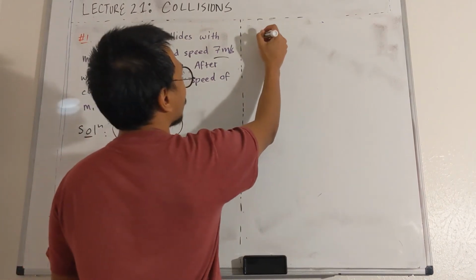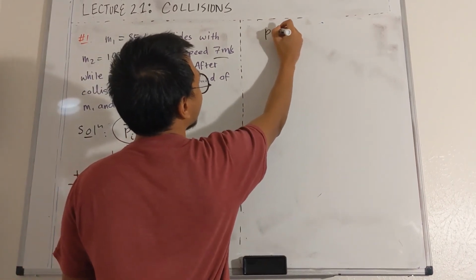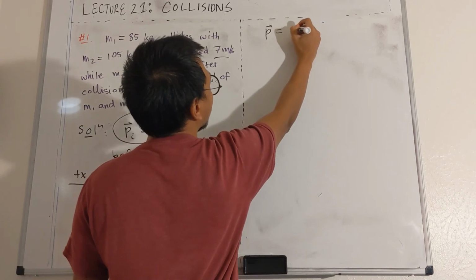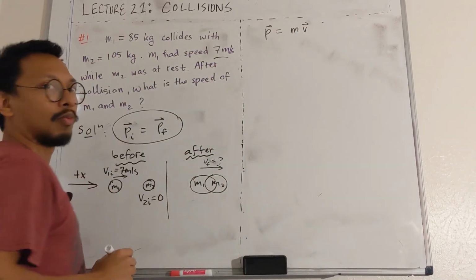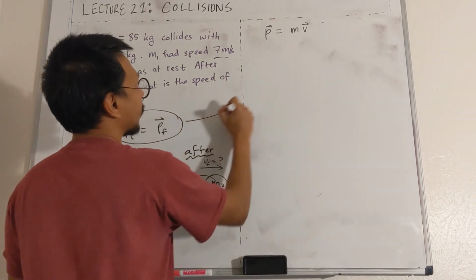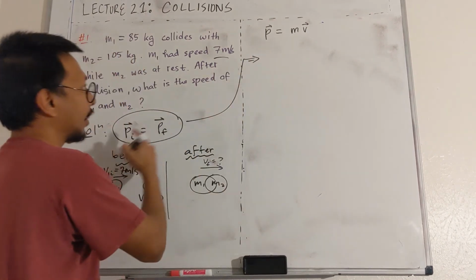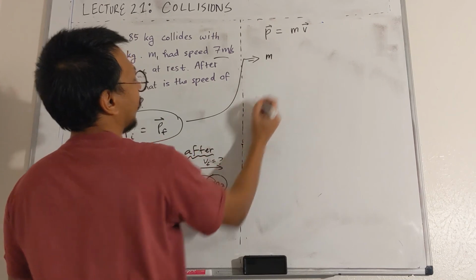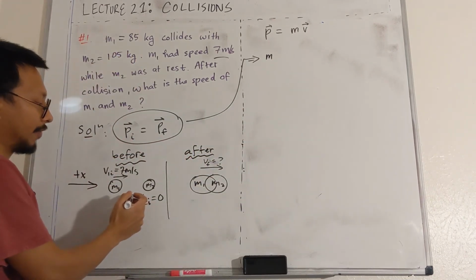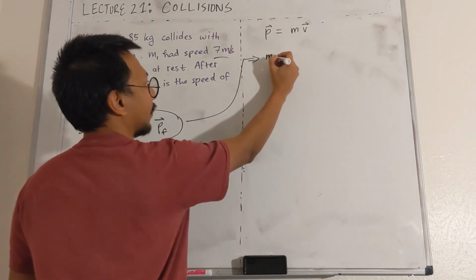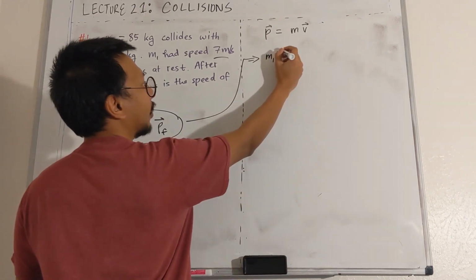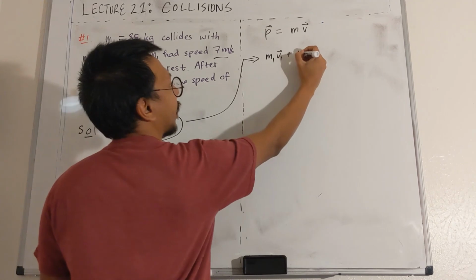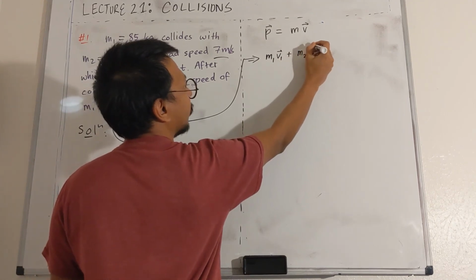Now, what was momentum? The definition of momentum is P equals mass times velocity. Let's work with this equation then. For Pi, how many objects do we have in the system? 2. So we have the summation of m1 times v1 and m2 times v2.